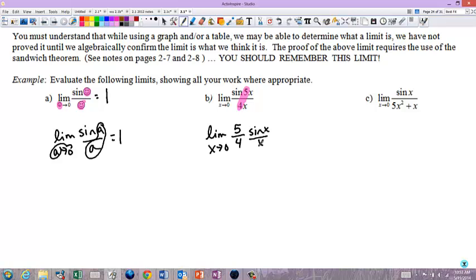Do I want to? Yeah, shoot, may as well. Fine. I'll just show you how it works. What you would do is multiply the top and bottom by 5, just go with it. This piece is the same as doing this.